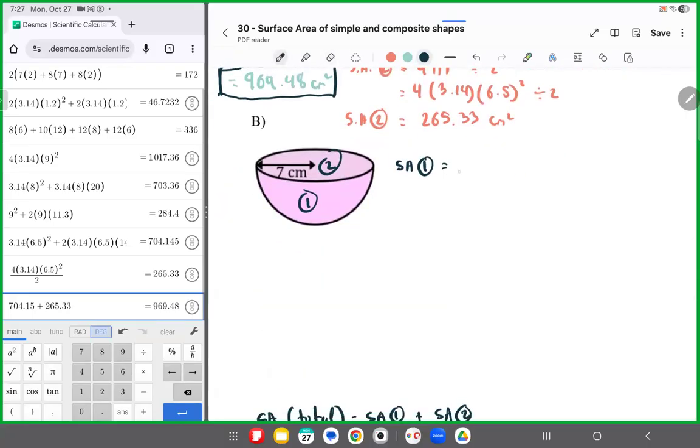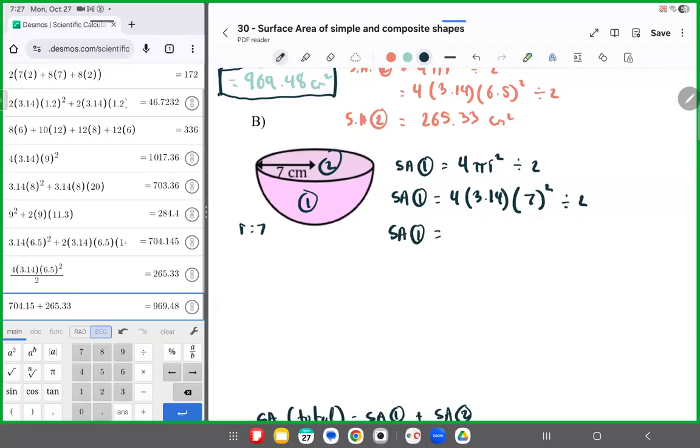This is going to be just 4 pi r squared division sign 2. So here, our radius is equal to 7.